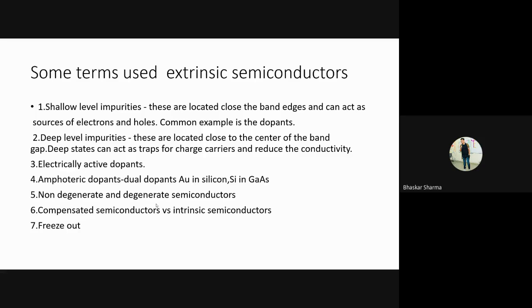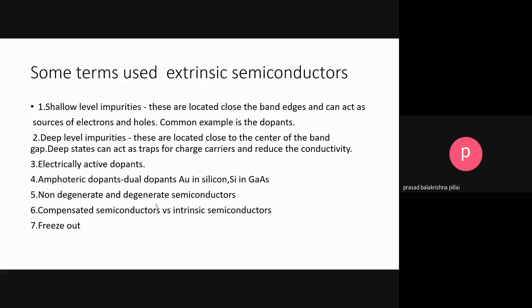See, we have seen that even though the energy is very small, a certain amount of energy is required to ionize the dopants, whether it is N type or P type. We have seen that it lies in the range of milli electron volts. That much energy is required.